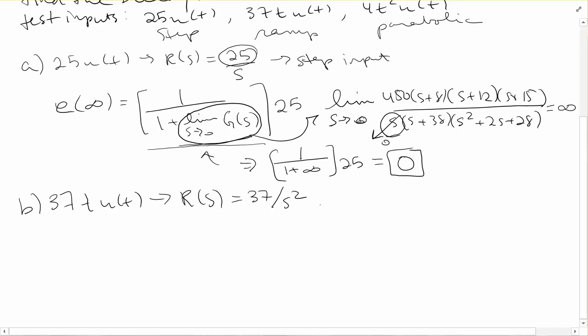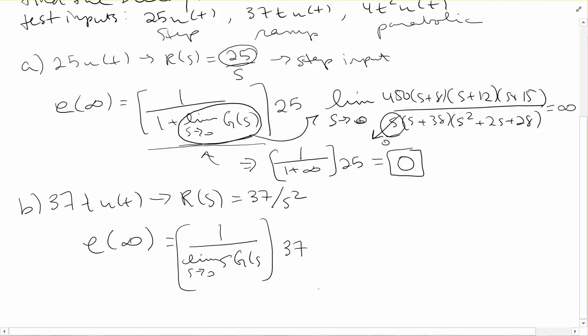Now we want to use our error equation that we derived for a ramp input. That equation is going to be 1 over the limit as S goes to 0 of S times G of S. And remember, this equation was for a unit ramp input. Now I've got this 37 here, so let's multiply by 37.